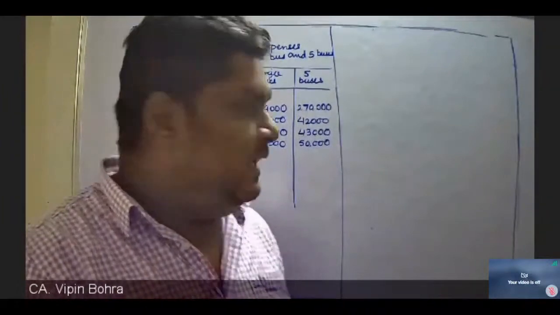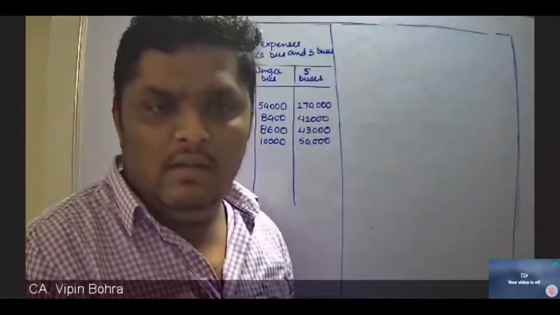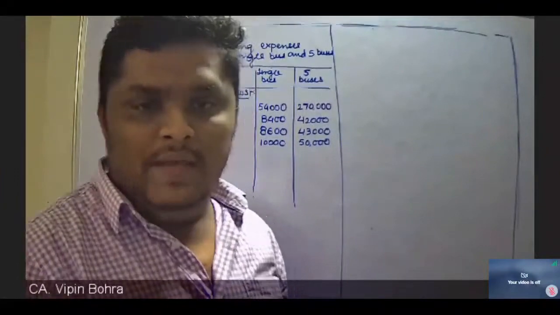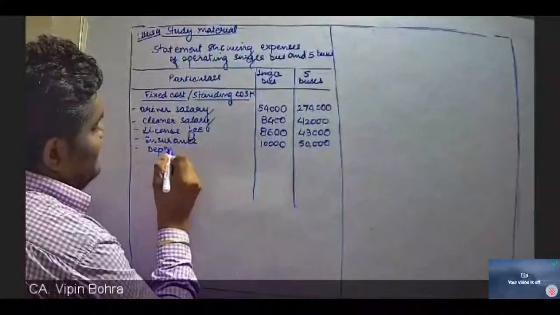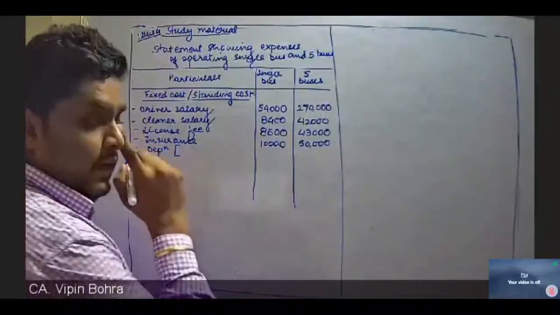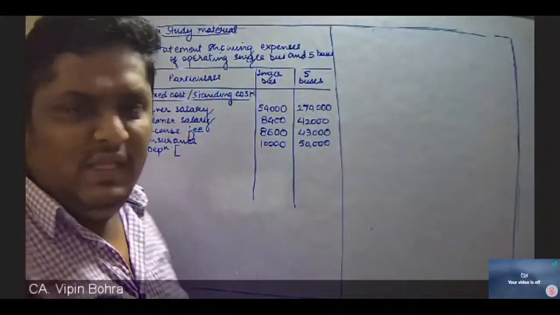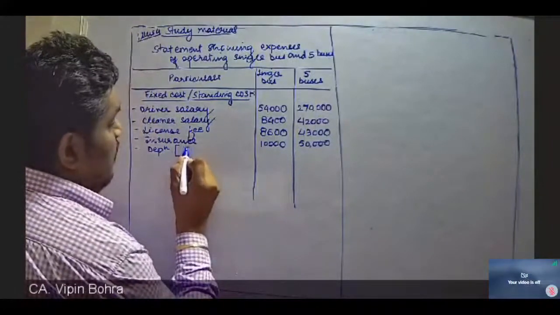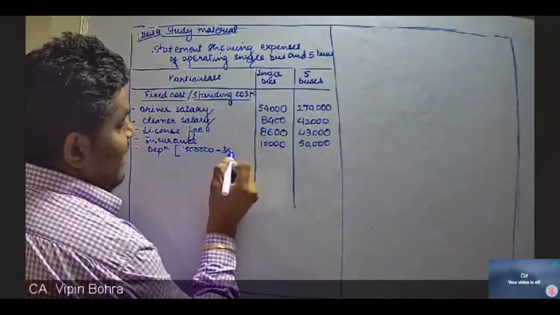Repairs and maintenance will go in the last part. Maintenance cost, we will write it. Now depreciation. Right now I am writing all the fixed expenses. The purchase price of a bus is 15 lakh. Scrap value is 3 lakh.